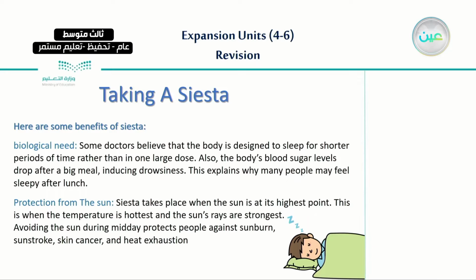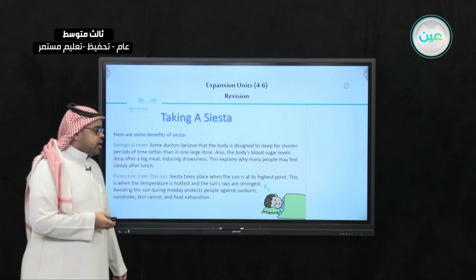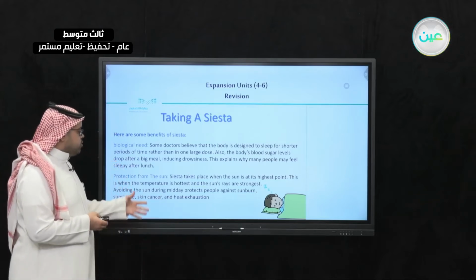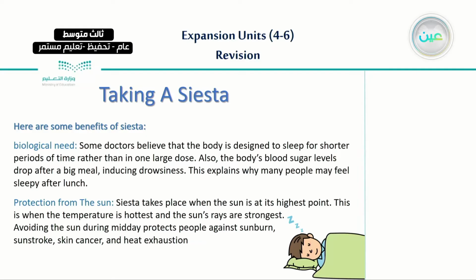And also it could protect us from the sun, because it takes place when the sun is at its highest point. So this is the perfect time for us to take a nap or to rest for a short period of time. And also, it usually protects people against sunburn or skin cancer or even heat exhaustion.